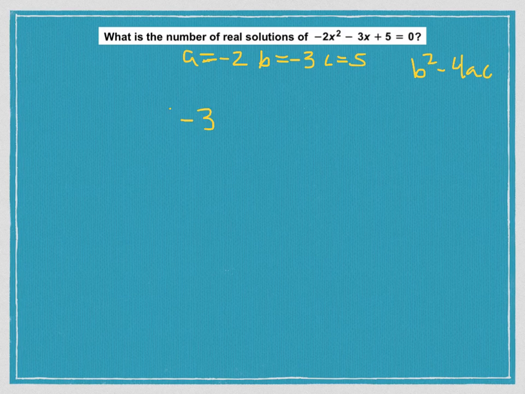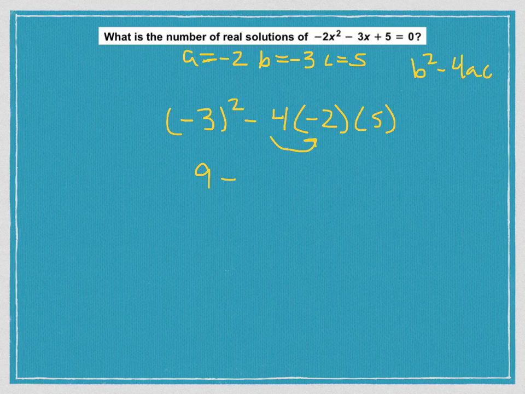So what do we get? -3 squared is 9, minus, what's 4 times 2? 8. And then 8 times 5? 40.